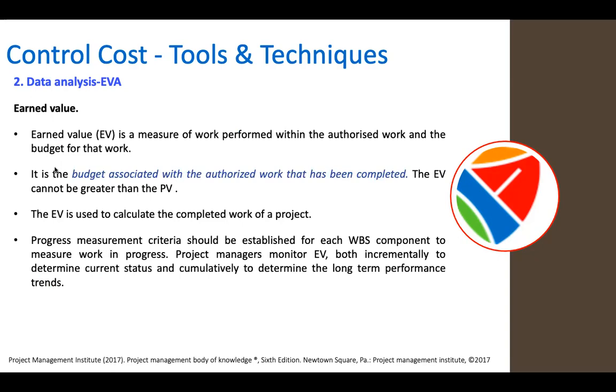All right. Earned value is the measurement of work performed within the authorized work and the budget for that work. It is the budget associated with the authorized work that has been completed.